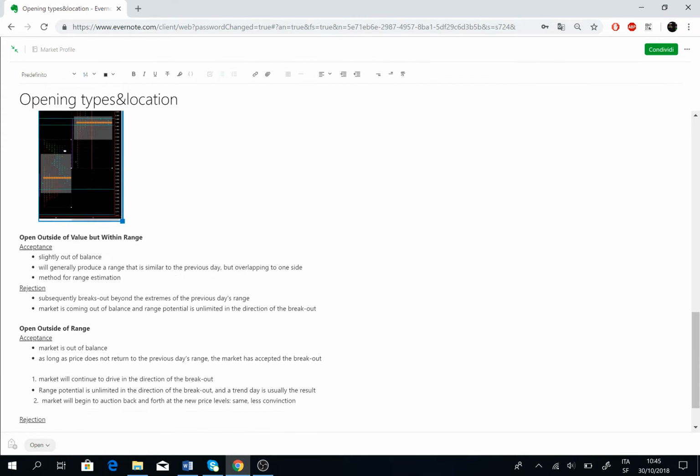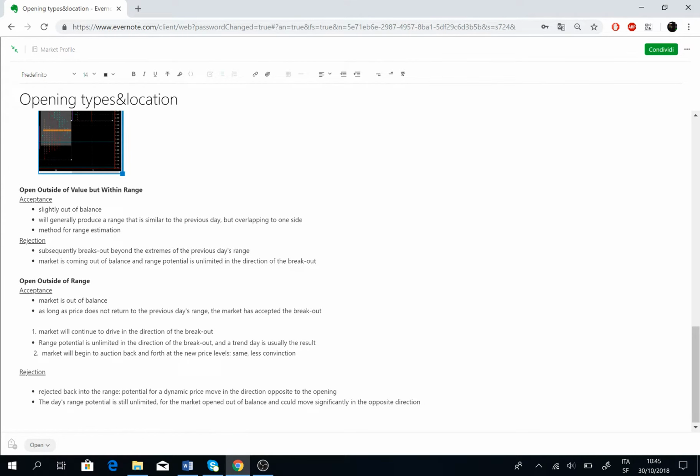Okay, another kind of opening type and location is outside the value but within range. And as we saw for the opening in value, we can have two kinds of opening type, with acceptance or rejection.